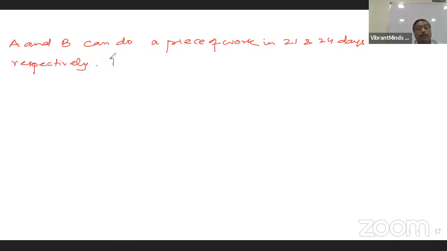They start the work, and after some days, A leaves.